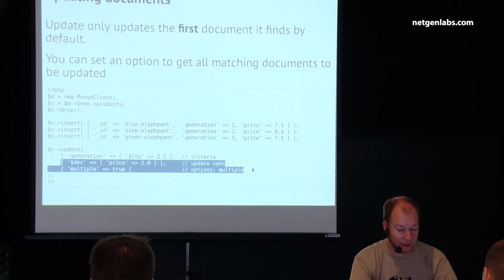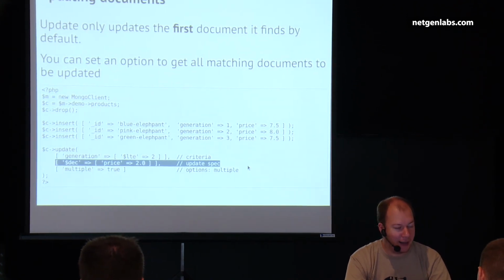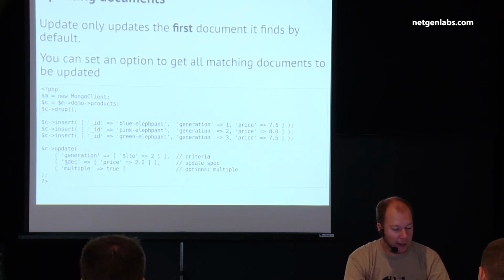Then the second argument to update is an update specification. Each field in the update specification has an operator, which is actually $dec for decrement, or $inc for increment, or $set for setting specific values.